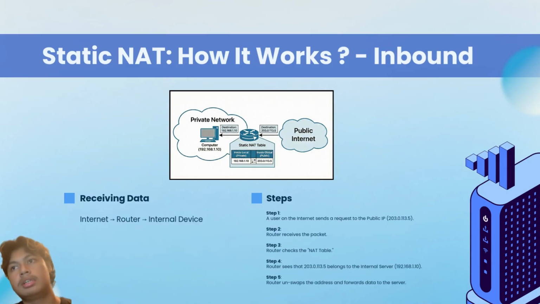For the first step, a user on the internet will send a request to the public IP, which is 203.0.113.5. Our router will receive this packet and check the NAT table again, and when it sees that this public IP belongs to our private internal server, the router will unswap, or change back, the public address to our private IP address, which is 192.168.1.10, and it will forward the data to the server.